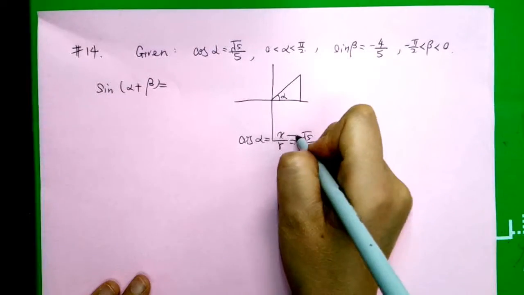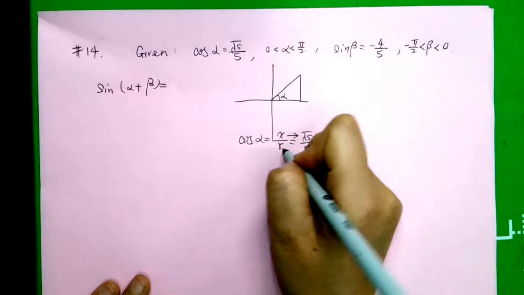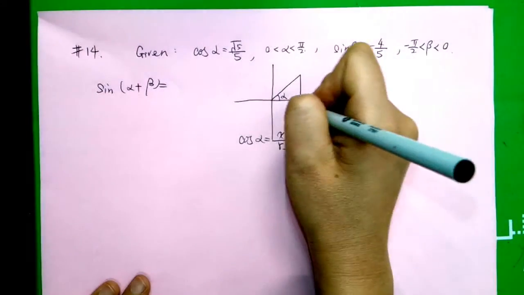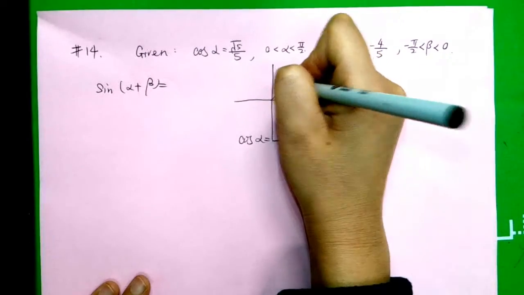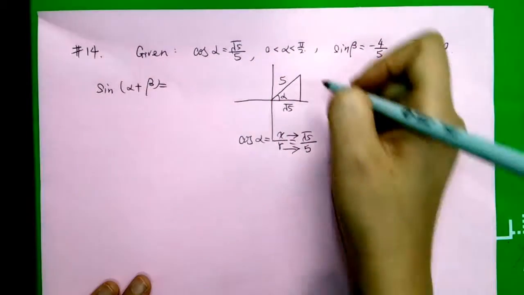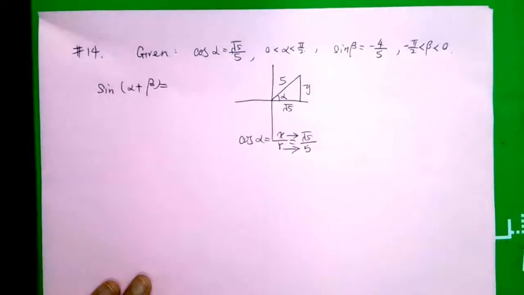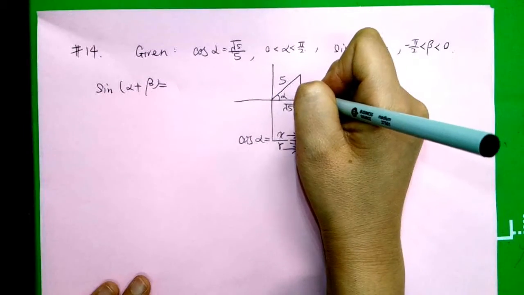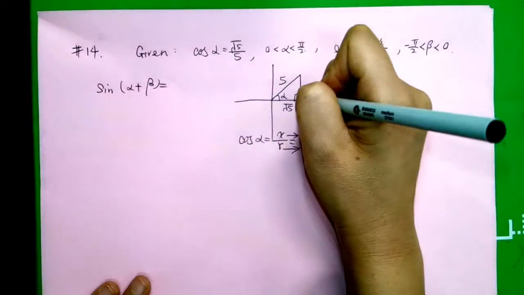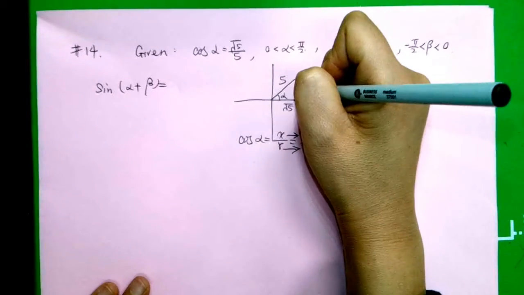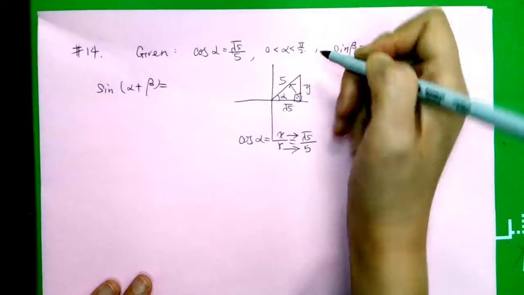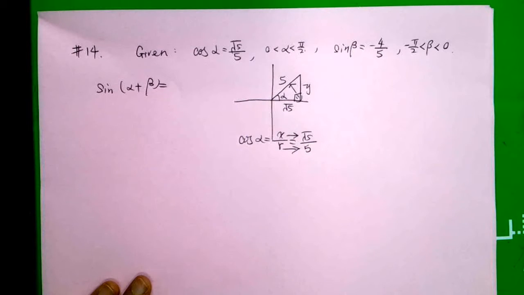So your x value will be radical 5, your radius will be 5. This is radical 5, this is a 5. Your job is finding the y value. This is your right triangle, and that's the hypotenuse, your radius, which is the hypotenuse of the triangle.